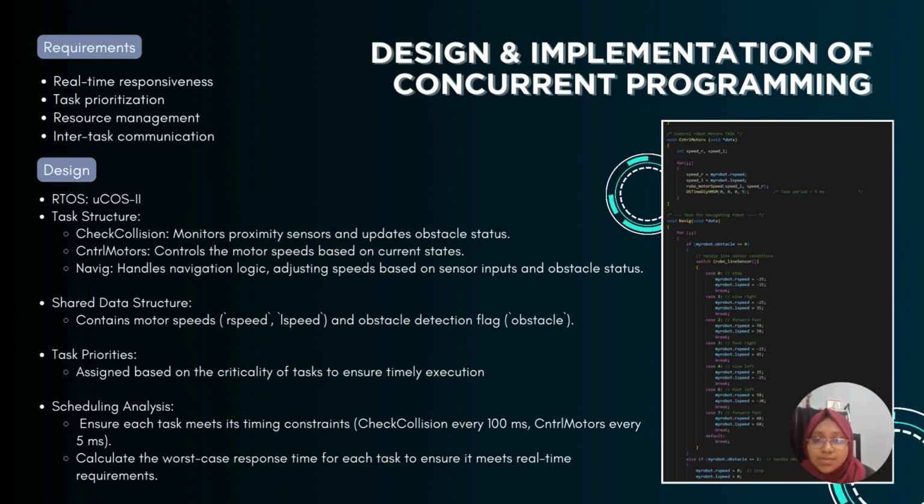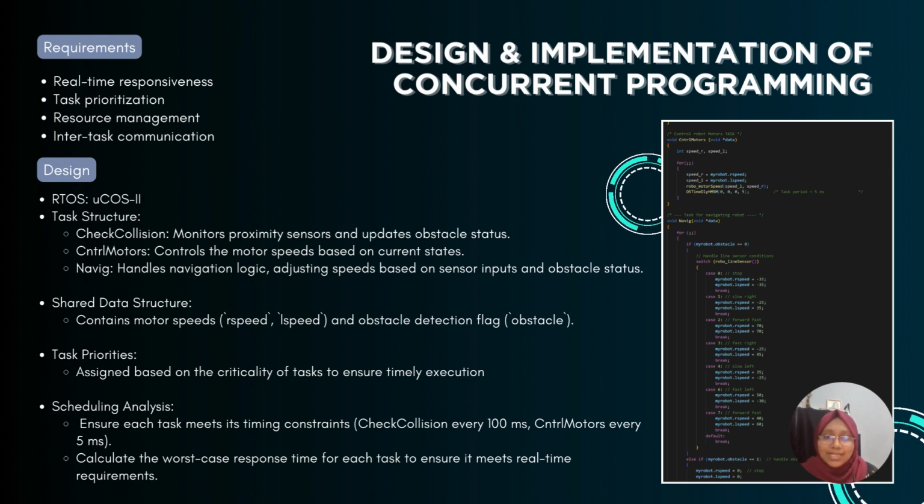Then we have resource management, which is efficient allocation and management of the system resources we have, like CPU and memory. And then we have inter-task communication, which is the mechanism between the tasks so that they can communicate and share data safely.